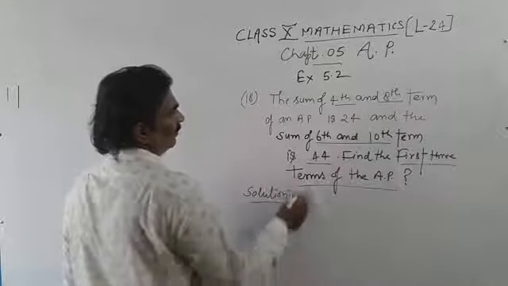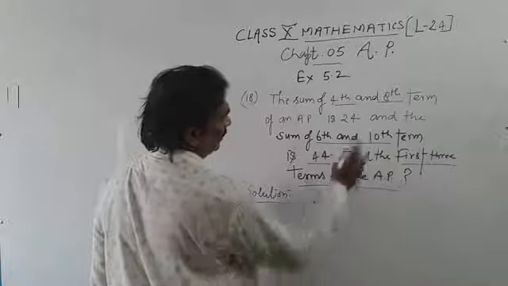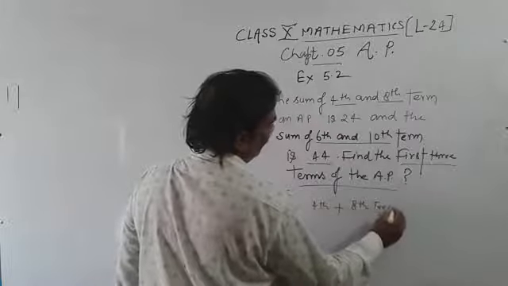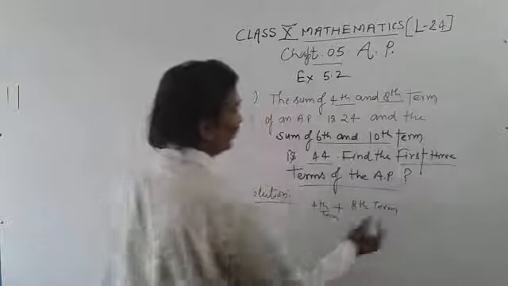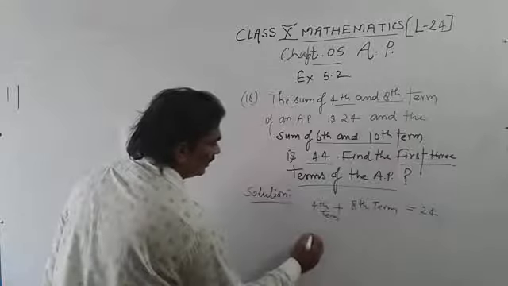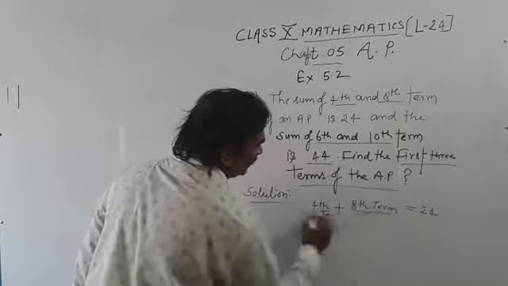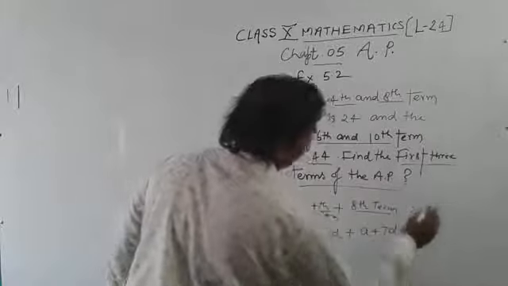we have given the 4th term plus the 8th term is equal to 24. So students, we can write the 4th term as a plus 3d and the 8th term as a plus 7d, which is equal to 24.